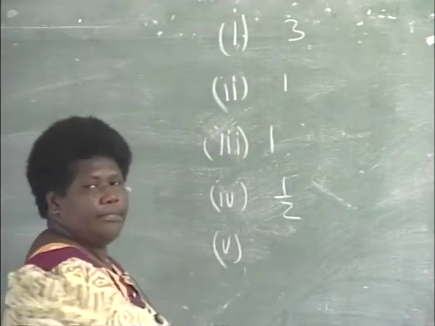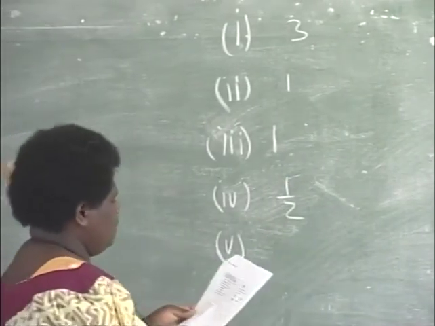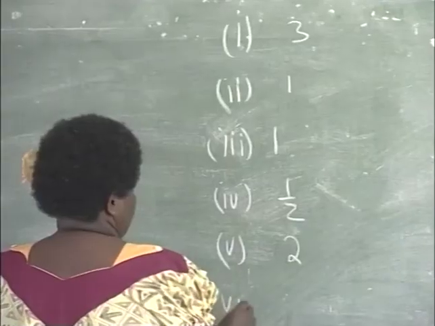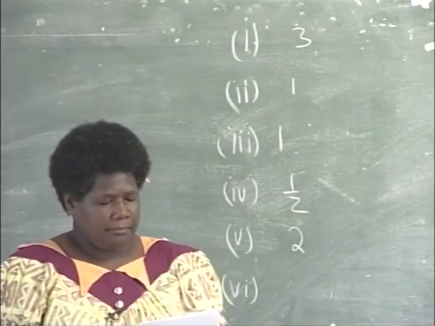Gabriel. Half. Number 5, Miriam. 2. Number 6, Dan. 3/4.